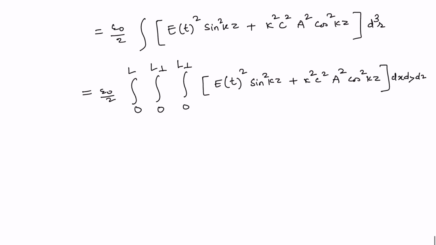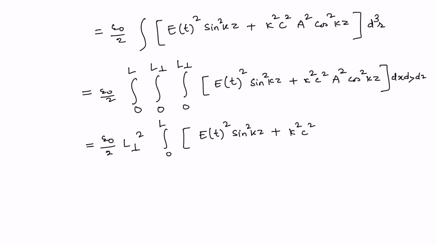These integrations I think you can very trivially work out. You will have epsilon 0 by 2 L perpendicular square, and then you will be left with only one integration from 0 to L, and that would be E of t square sine square kz plus k square c square A square cos square kz dz.